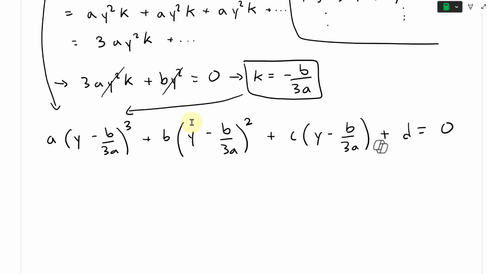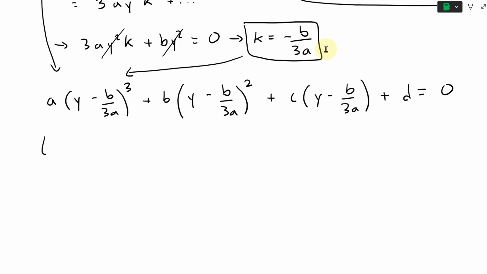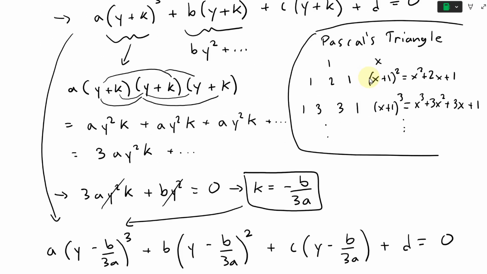So now, what are we going to get here? Alright, let's just expand this out. So this first one, we'll leave the a out there. This is going to be a times, now y times itself 3 times, y cubed, like that. Next one, again using Pascal's triangle, this is y, this is going to be the x squared.